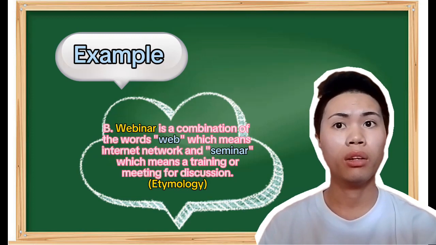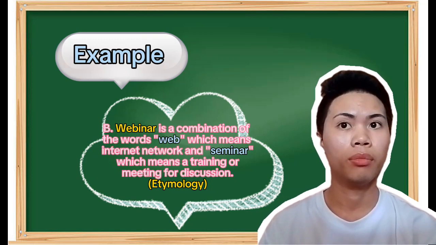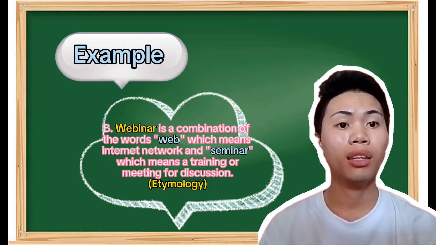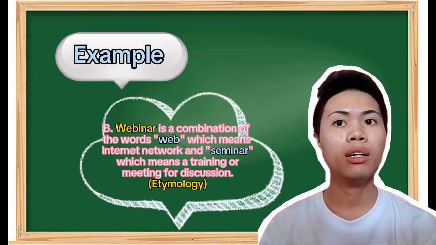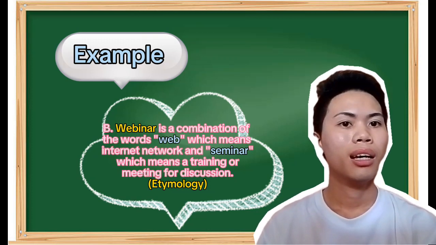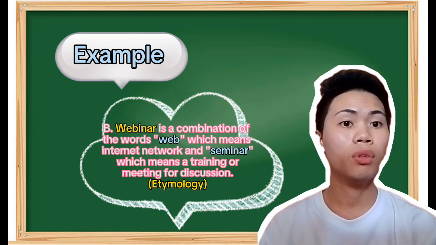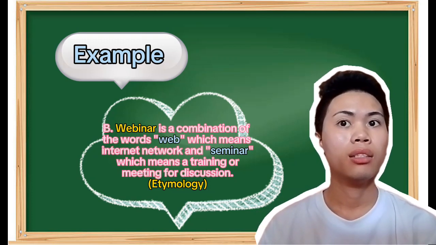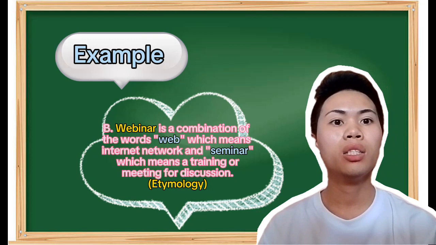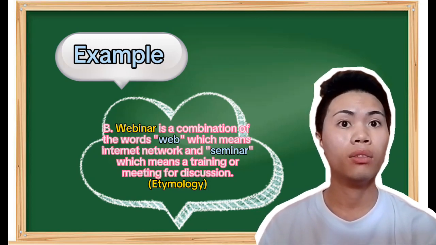The word webinar is a combination of the words web, which means internet network, and seminar, which means a training or a meeting for discussions. So the word webinar is a combination of the words web and seminar. That is where the word came from. So that is the origin of the word.